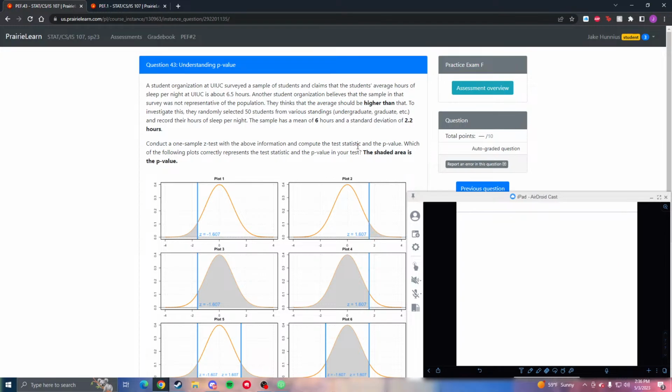So we are trying to calculate the probability that x bar is greater than 6.5. Z is going to be equal to x bar minus 6.5 over, I think it's standard deviation over root n. So over the standard error.